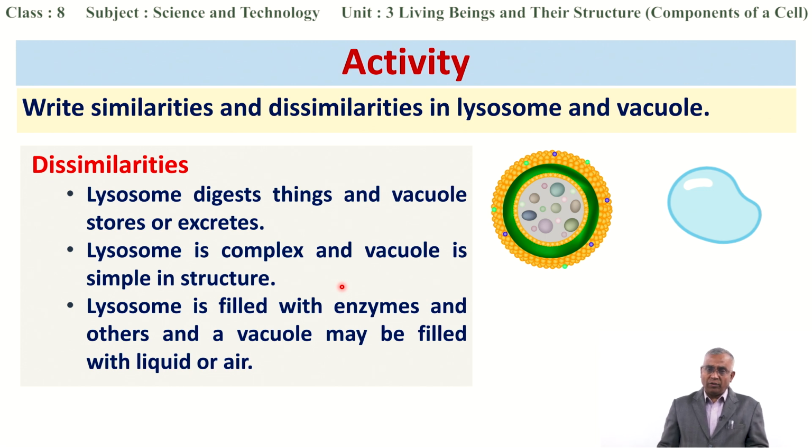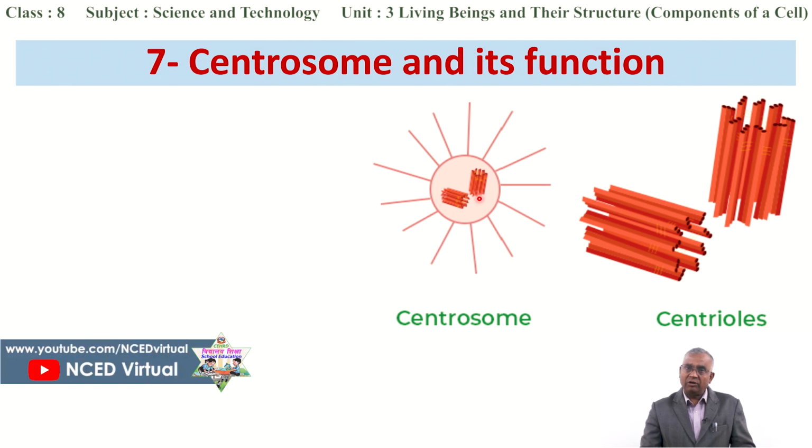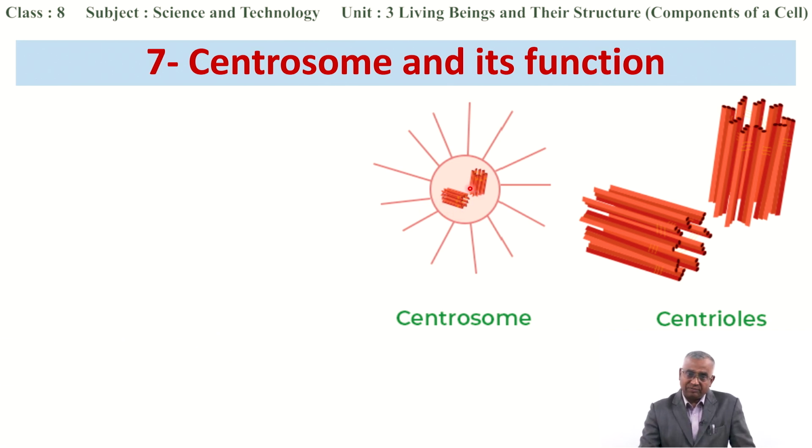Okay. So we have finished some cell components. Still we have to read about some more components. So next one is what? Centrosome, and its function. Centrosome is that star-like structure. And I told you it looks like a bundle of what? Firewood. Yes. And they are adjusted perpendicular to each other. They are centrioles.